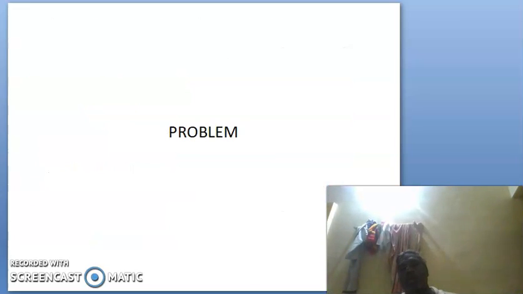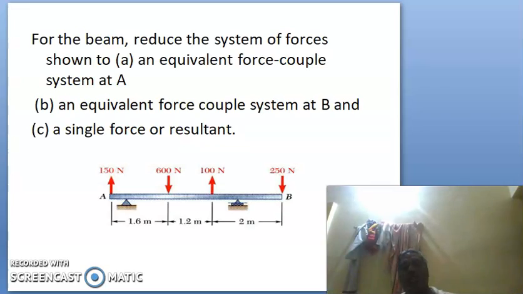So we see a small problem through which we see the concept better. There is a beam. In this beam the problem asks us to reduce the system of forces shown to an equivalent force couple system at A, then an equivalent force couple system at B, and also a single resultant force.